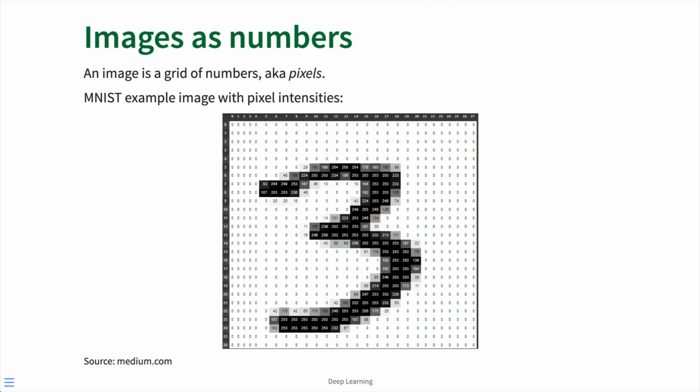And you can see an example of that here. So this is a picture that has the digit 3 in it, and we can see that these pixels where the color is white have the number 0, and these pixels that are darker have higher numbers. So if the pixel is black or almost black, then the numbers can go as high as 255. Shades of gray will be somewhere between 0 and 255.